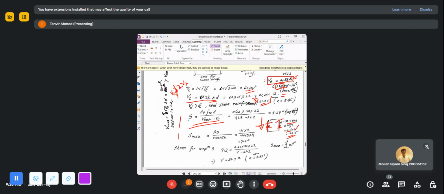Now from this equation, you get one value of your S, which is 4.61. Okay, 4.69. We make it round. You round it down to 4.5. Sorry, 4.5.